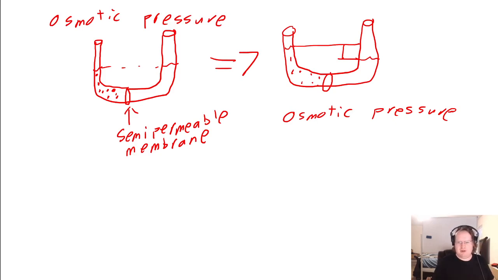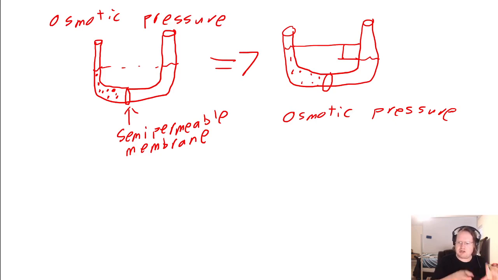So that's our concept. We've got solute on one side, none on the other, or maybe a lot of solute on one side and a little bit on the other, but it can't go through the middle. So to make the concentrations get closer, there becomes a difference in height. As the difference in height grows, that increases the osmotic pressure, so it's going to take more to fight gravity, but it's also going to do that more if the concentration difference is larger.